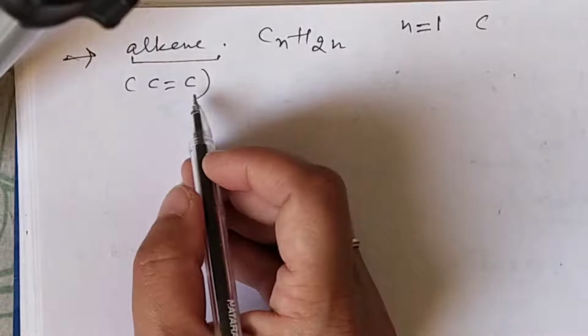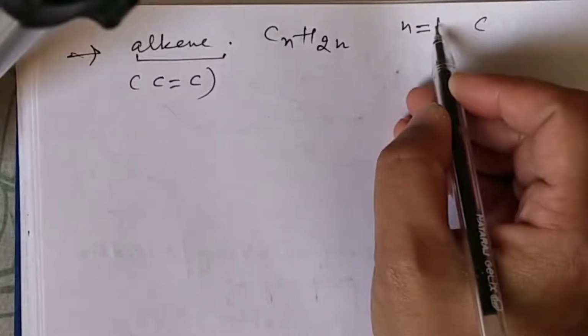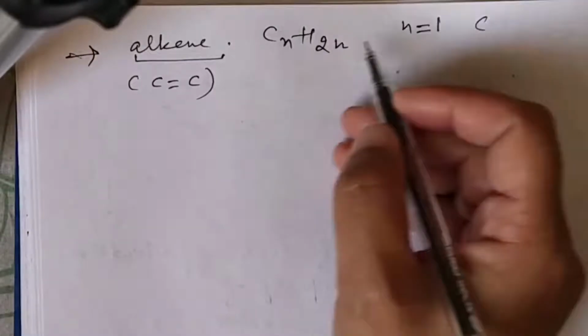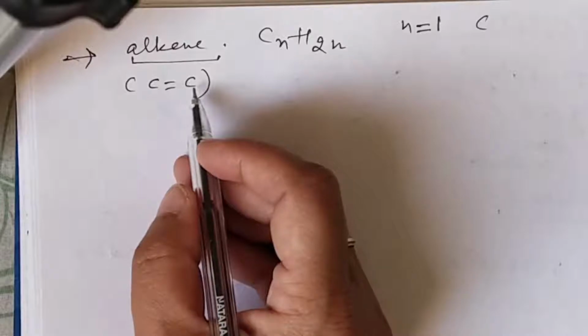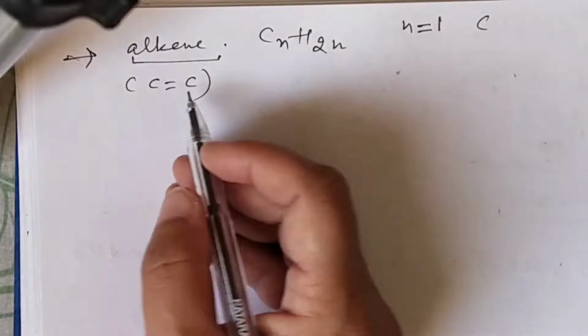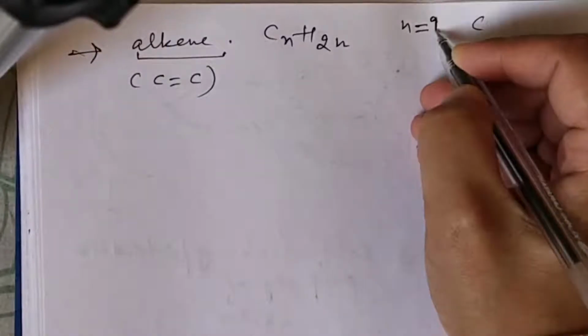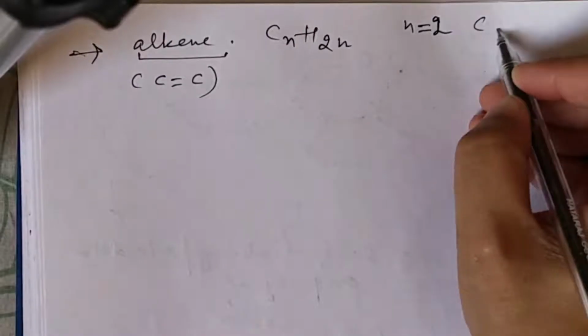Okay, you cannot have n equal to 1 here, because you have to form a double bond between 2 carbon atoms. So minimum number of carbon atoms should be here 2. So if n value is taken as 2, then the molecular formula will become C2H4.